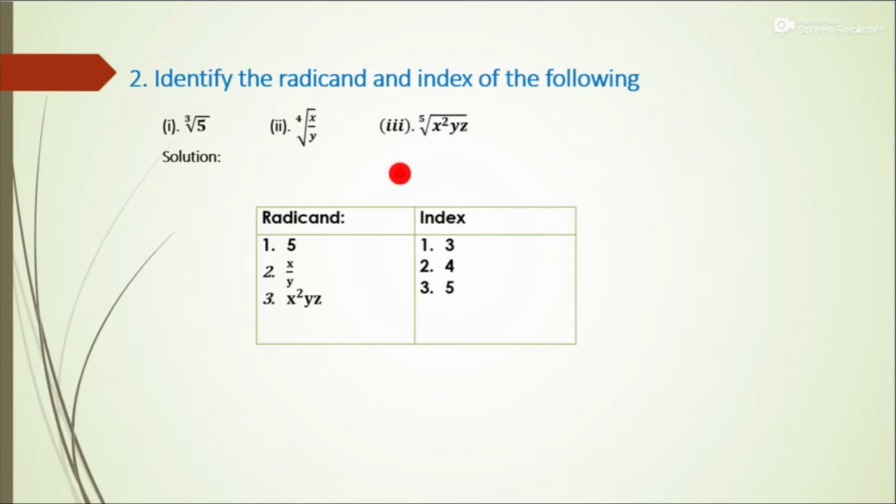In question number 2 part 2, x upon y is the radicand and 4 is the index, and again 5 is the index. Okay, this is the separate table for the radicand and index.